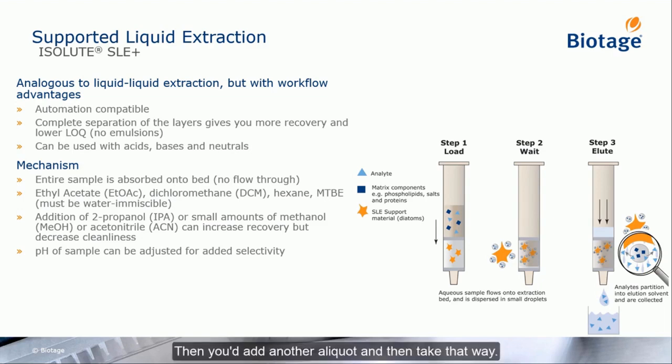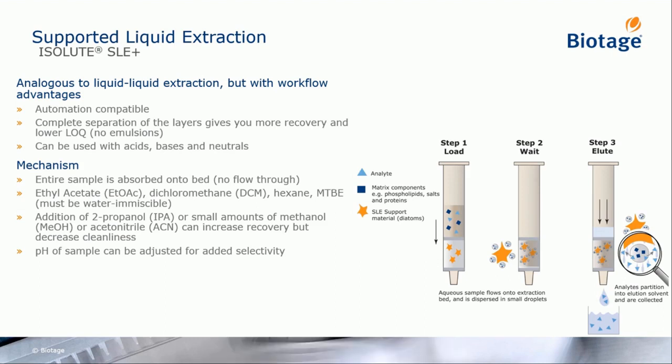Then you'd add another aliquot and then take that away. So you do multiple liquid-liquid extractions to get the recovery and the efficiency. Here you're getting that repeat partitioning as the organic solvent moves down the bed. So it's an efficient liquid-liquid type process.